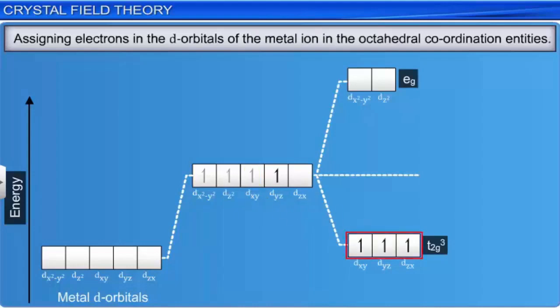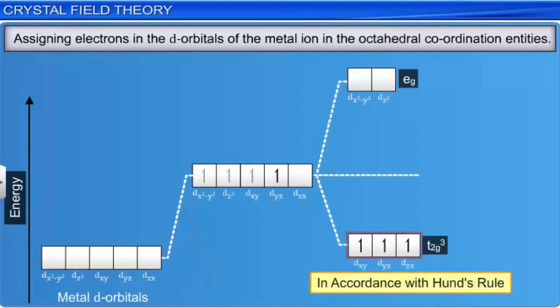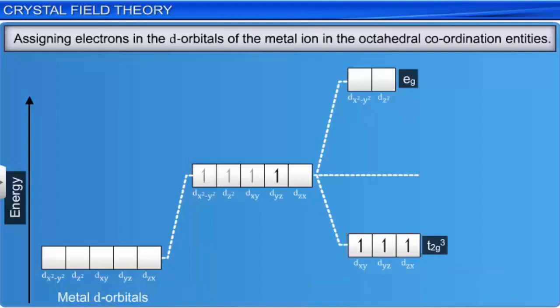A weak field ligand causes only a small degree of splitting, while a strong field ligand will cause a large splitting of the orbitals.